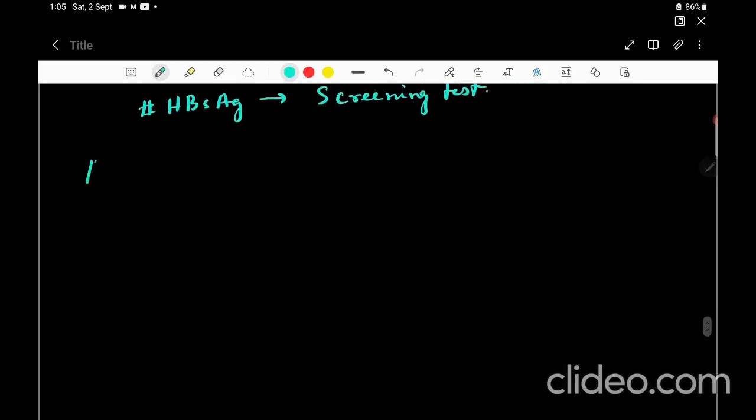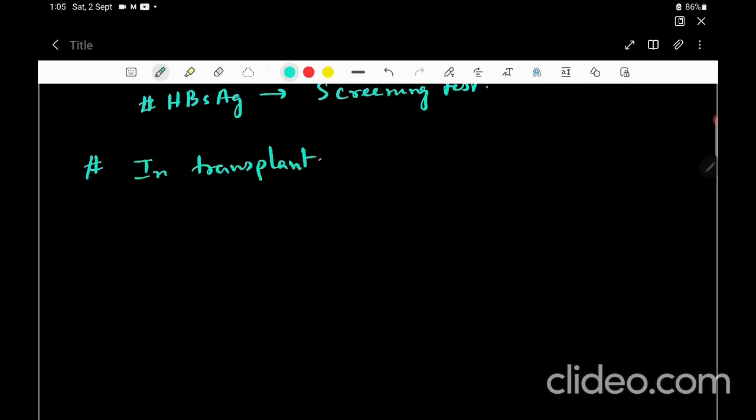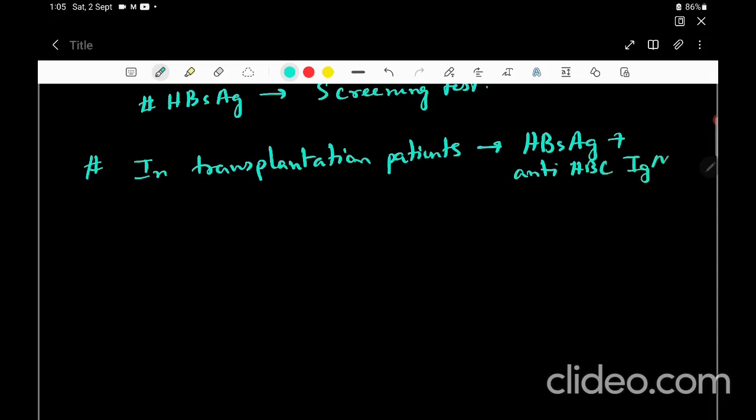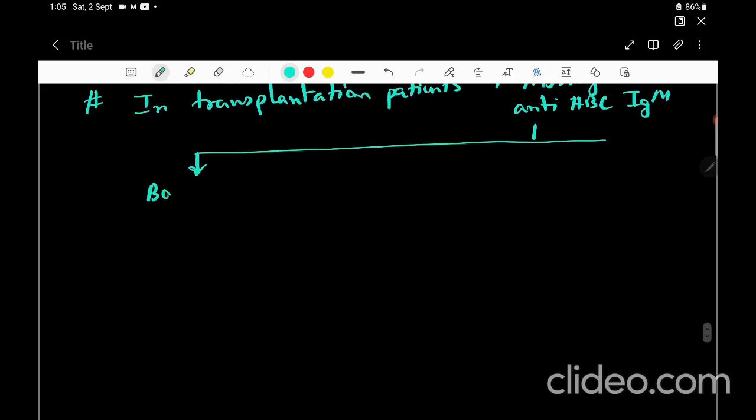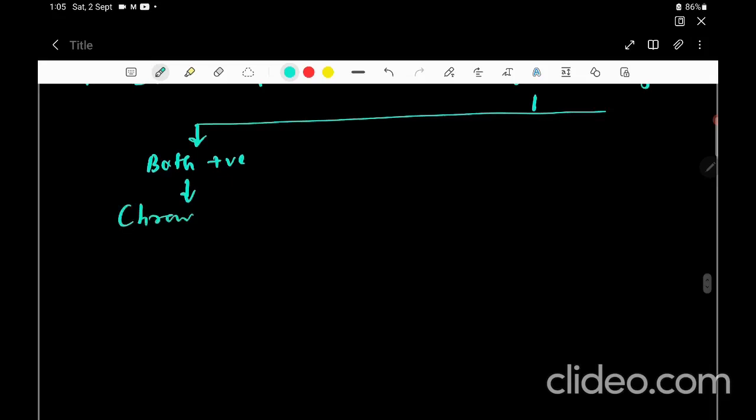Now let us discuss transplantation patients. In transplantation patients, the HBsAg and anti-HBC IgM, what happens with them? If both are positive, then there is definitely chronic hepatitis.